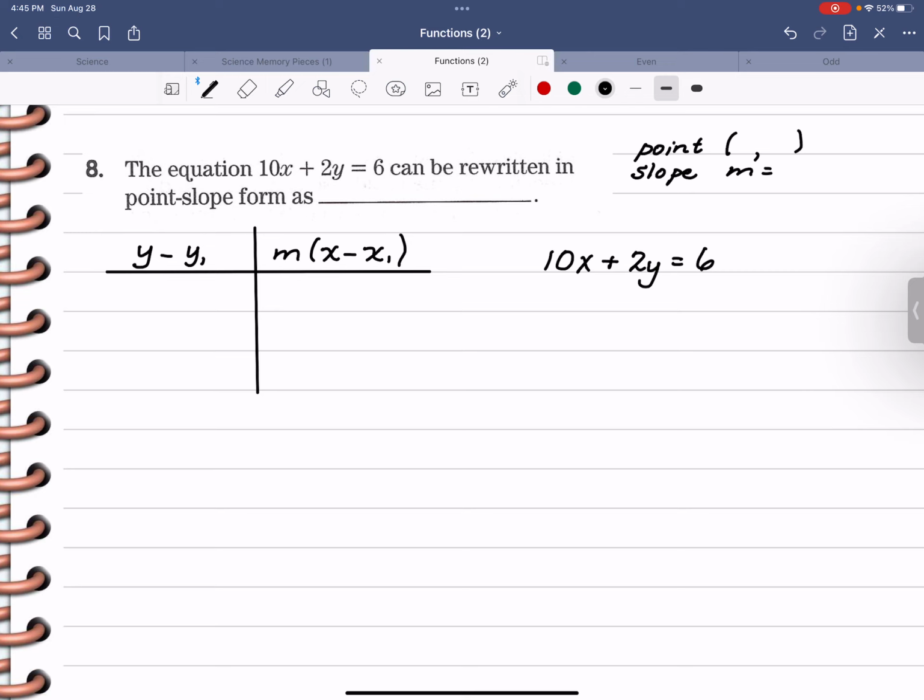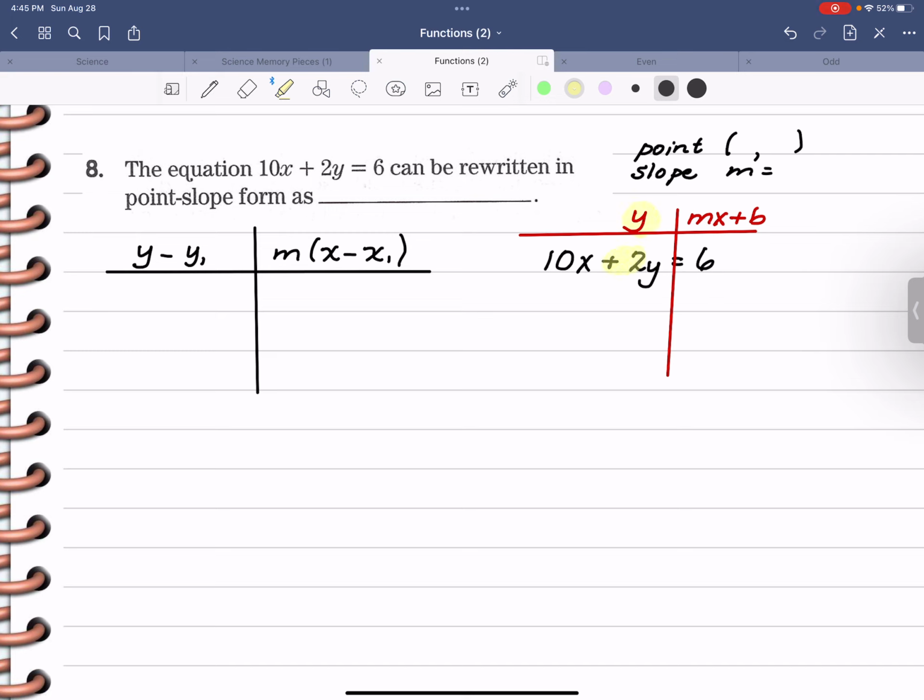So I'm going to focus first on slope. And to do that, I'm going to take the standard form that I have. Let me turn this into red, because I want to get it into slope-intercept form, and then I can tell you what slope is. So slope-intercept looks like this. Let's figure out the pieces that we already have.